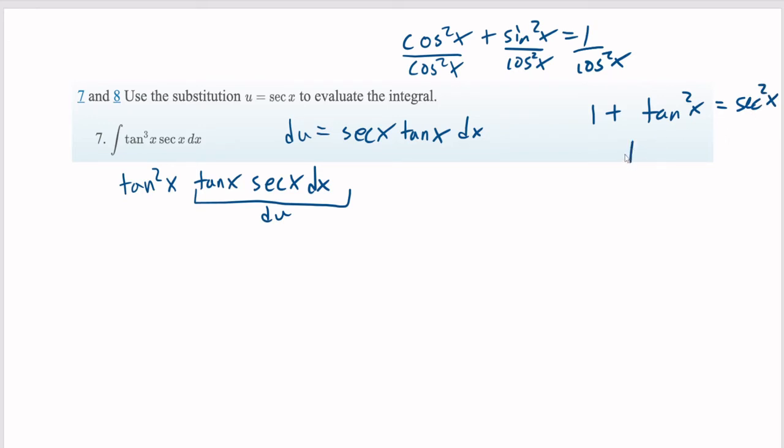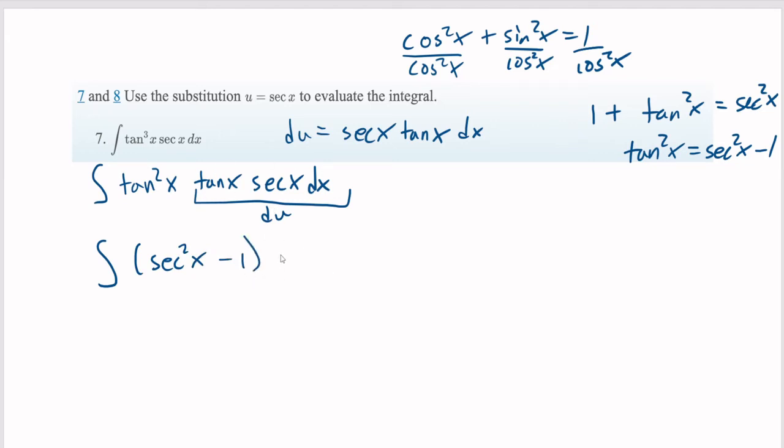Oh. So that means tan squared actually can be turned into secant squared minus 1. So, okay, great. I see a tan squared. I need secant so that I can actually do the u sub. So, all right, great. This actually just becomes the integral of secant squared x minus 1.